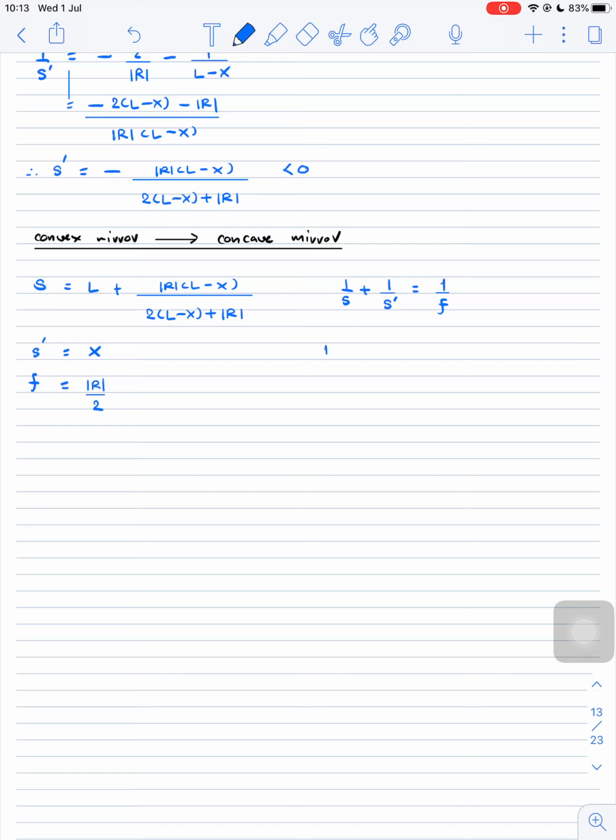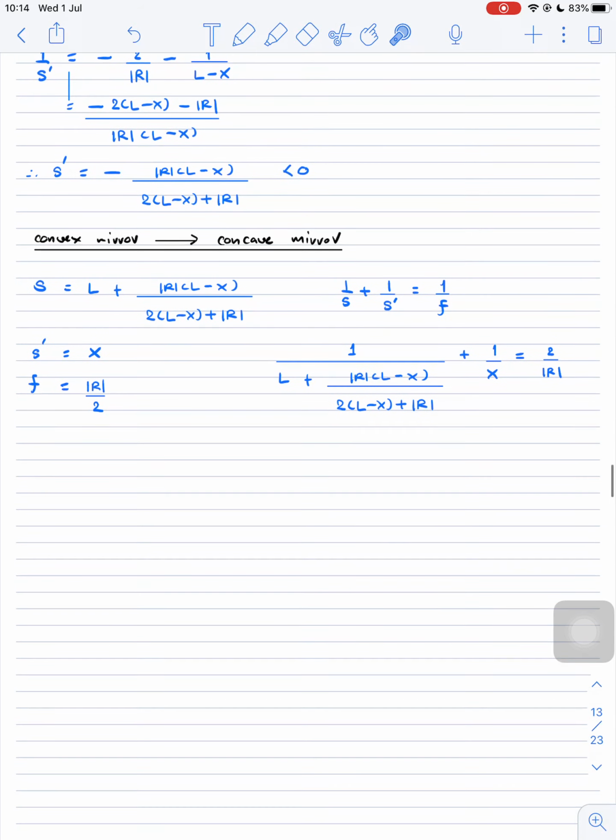We have 1 over the S here equal to this term, plus 1 over S prime equal to X, equal to 1 over F, so we have 2 over the absolute value of R.